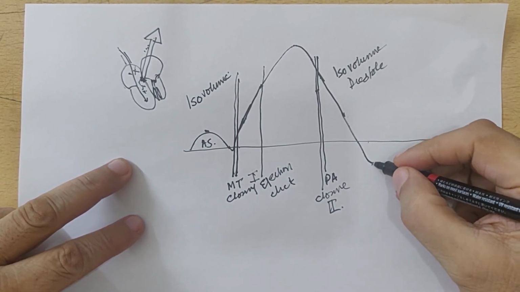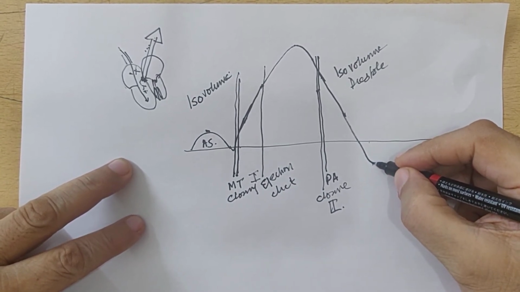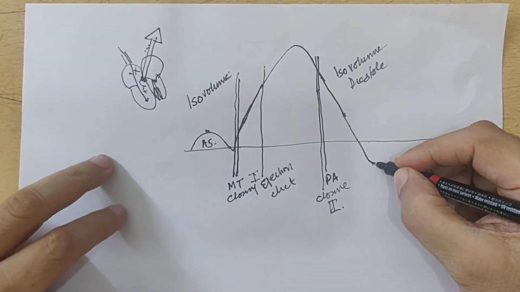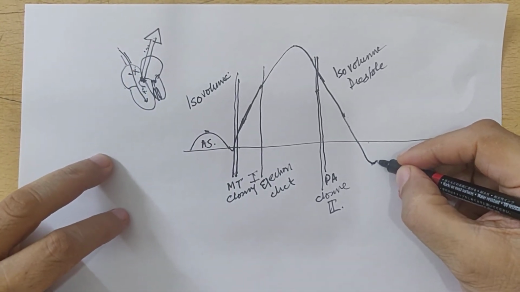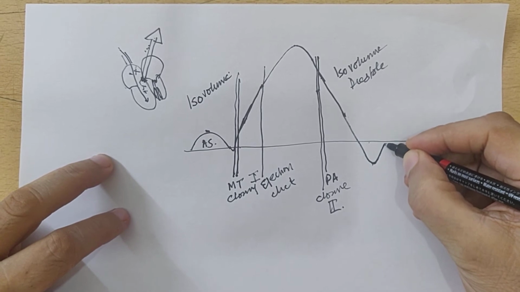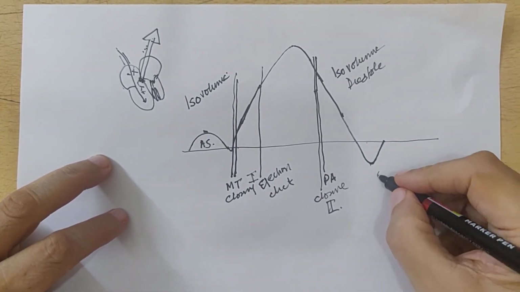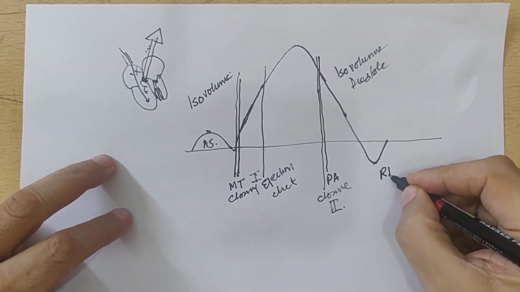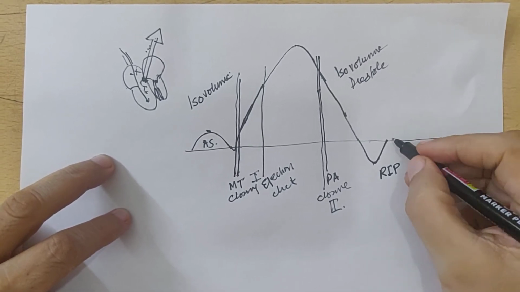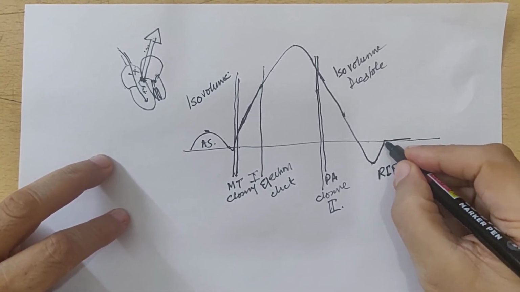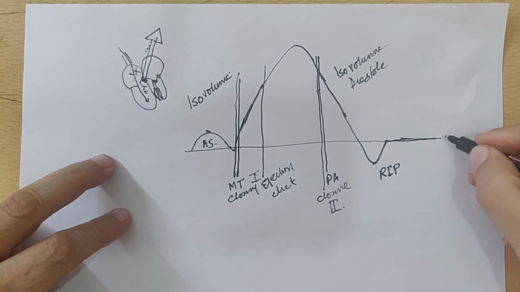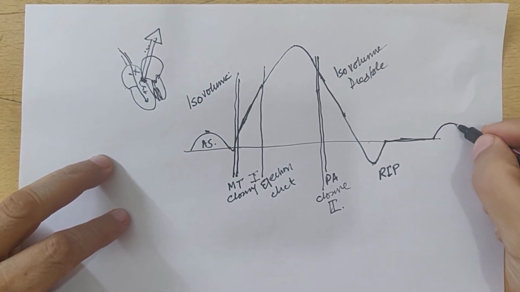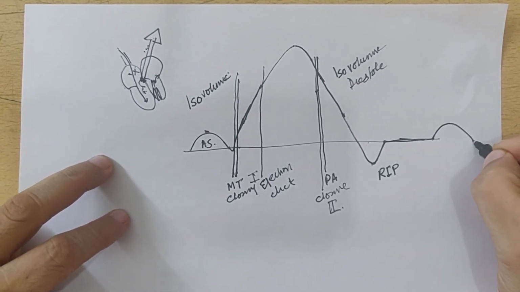So when the tricuspid and mitral valves open, then the ventricle sucks blood from the atrium. This is known as the rapid inflow phase. Then the rest of the diastole continues, and you will have another atrial systole here.